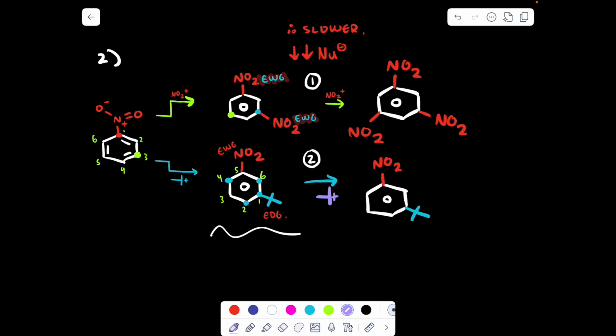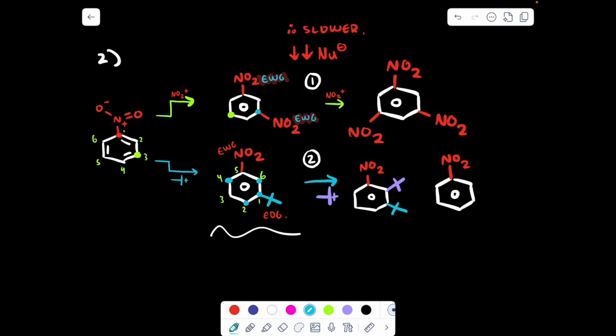Let's draw the second equivalence of the tert-butyl group in purple. So your first ortho product will be this, where the purple tert-butyl group added to carbon number 6. Your second ortho product is going to be when the purple tert-butyl group adds to carbon number 2.